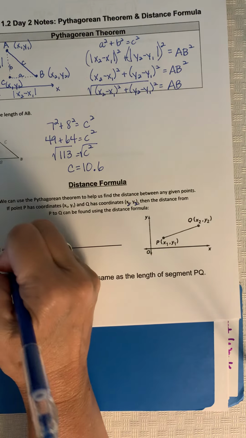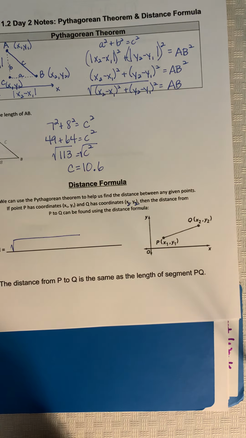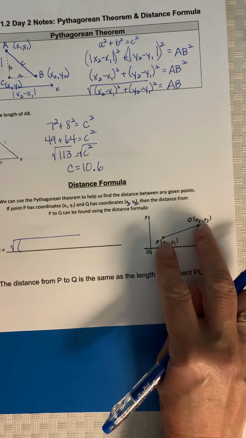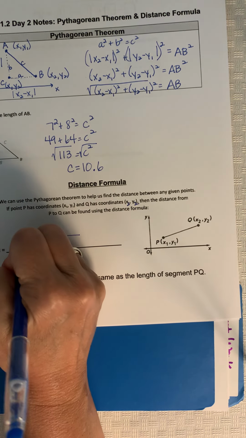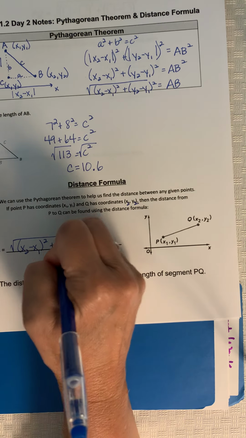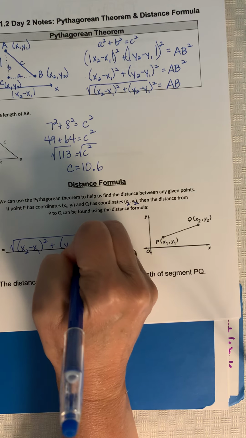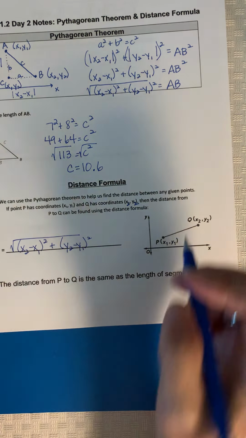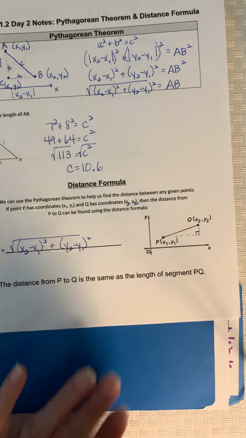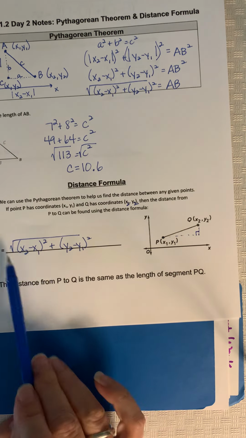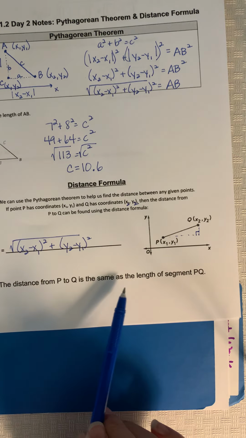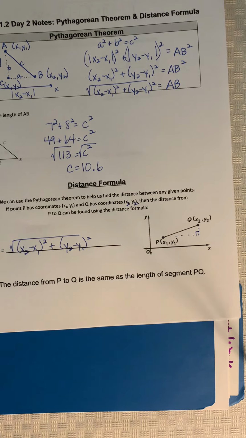So all we're going to do here is we're going to take the square root, and we are going to take the difference of our x's, so x2 minus x1 quantity squared, plus the difference of our y's, quantity squared. Basically, all we did is we formed a right triangle, just like we did above. So this distance formula is going to be used a lot. So the distance from P to Q is the same as the length of segment PQ.